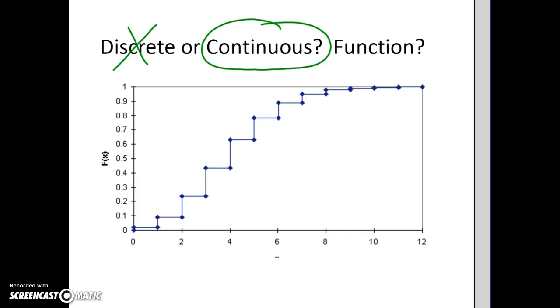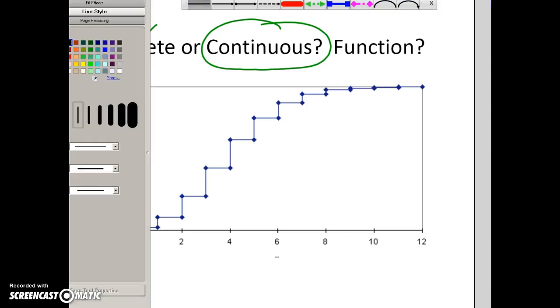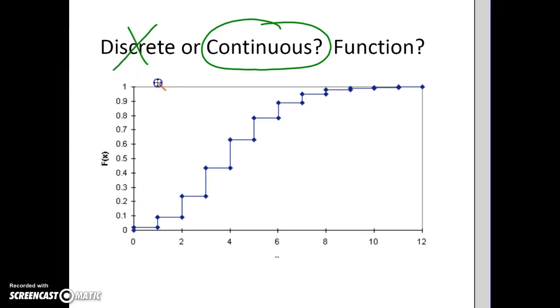Is it a function? Does it pass our vertical line test? Let's try that. I need to get a vertical line. So, I have my vertical line. And let's see what happens when I put my vertical line here. If I put my vertical line there, then I only pass the graph one time.